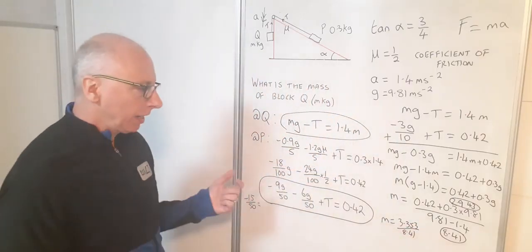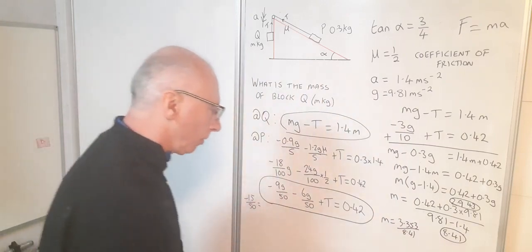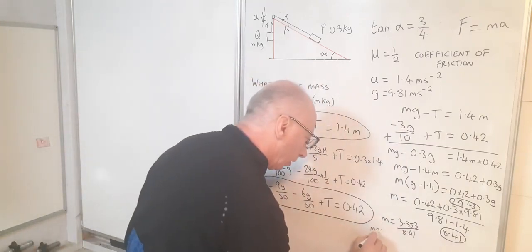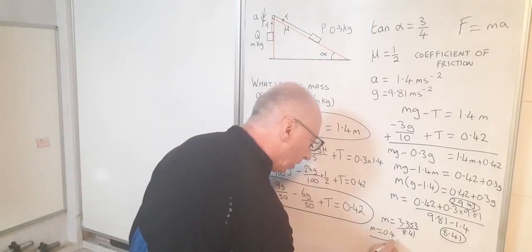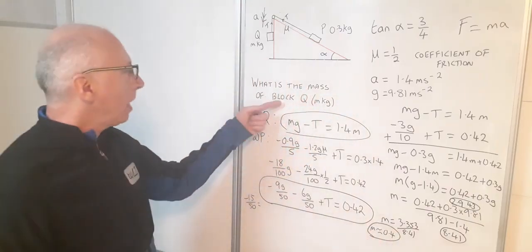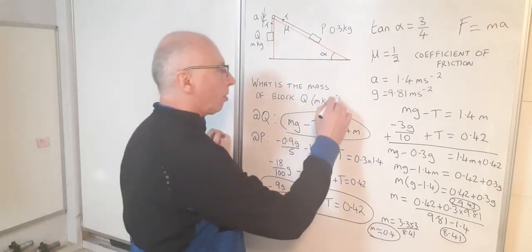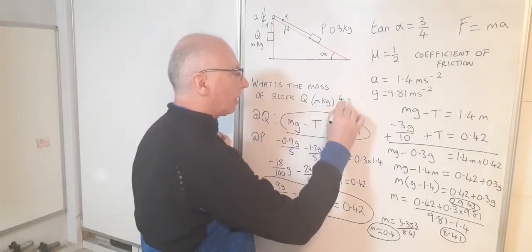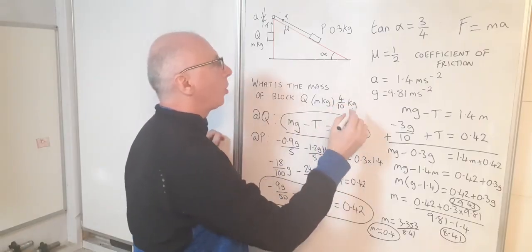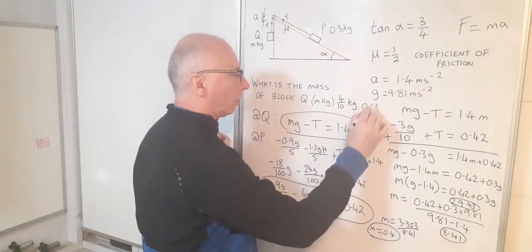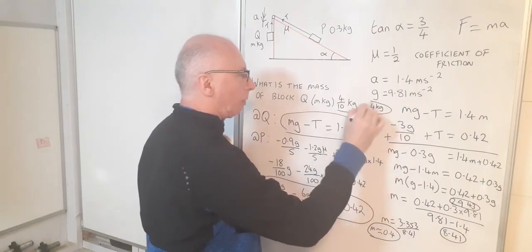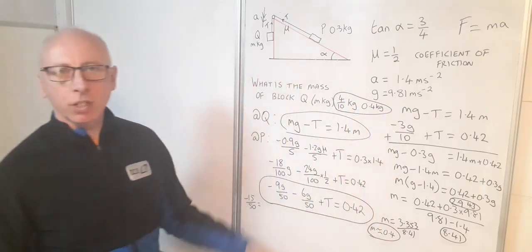Plug that in your calculator, you get approximately 0.4. So the mass of block Q is approximately 4/10 of a kilogram, or 0.4. And that would be our answer to this question. Okay.